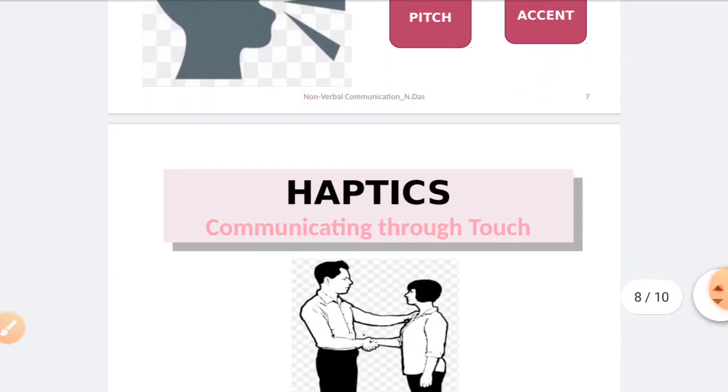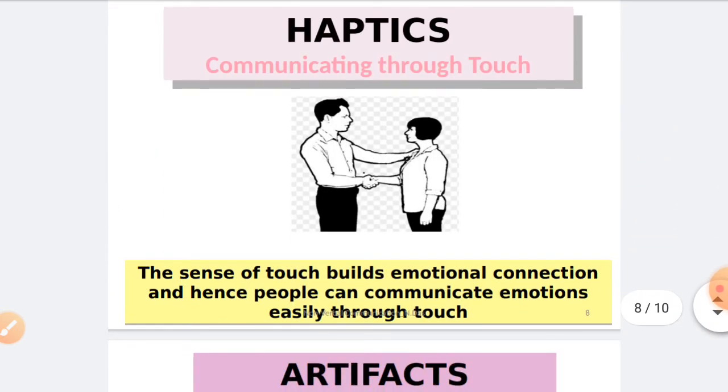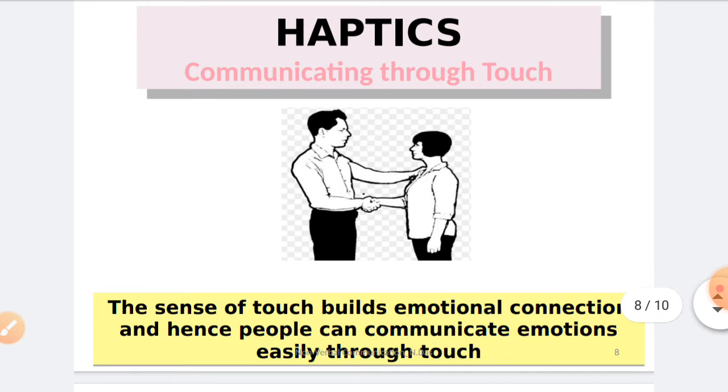And now, haptics. What is haptics? Haptics is also known as tactile communication. It is a form of non-verbal communication in which we communicate through the sense of touch. So examples of haptics in communication could be communicating through kissing, hugging, shaking hands, and so on and so forth.